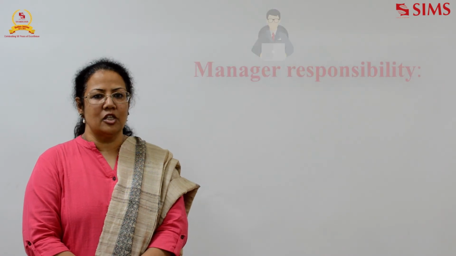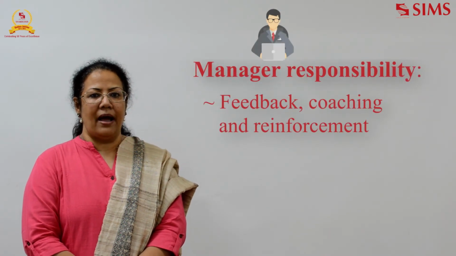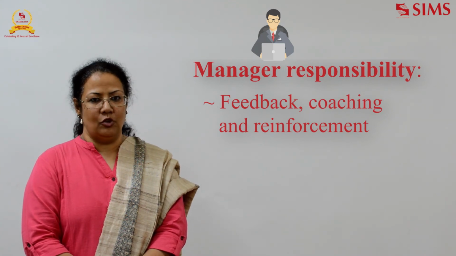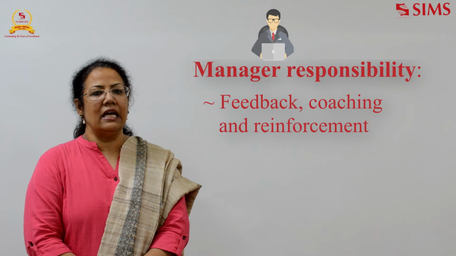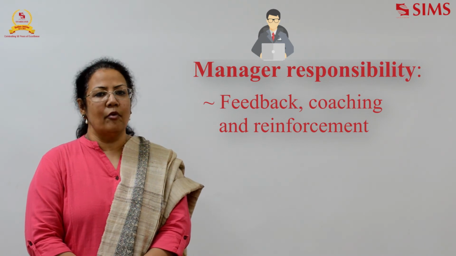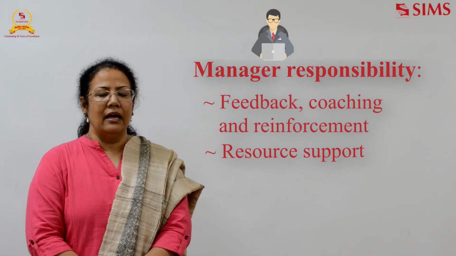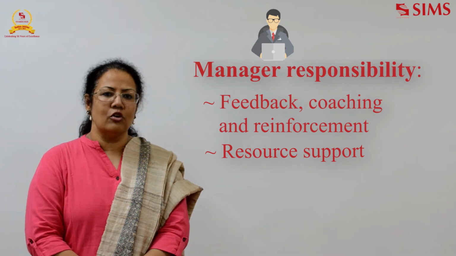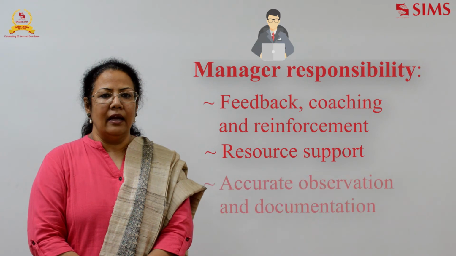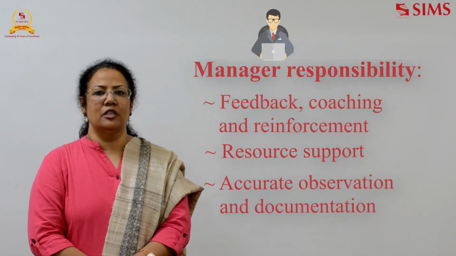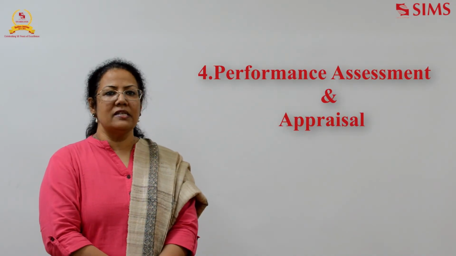The manager is responsible for giving feedback, giving coaching and providing reinforcement to the employee. Besides, he is also responsible for providing the support of resources to the employee, and the manager is also responsible for providing accurate observation and documentation of this process. Step 4 is performance assessment and appraisal.